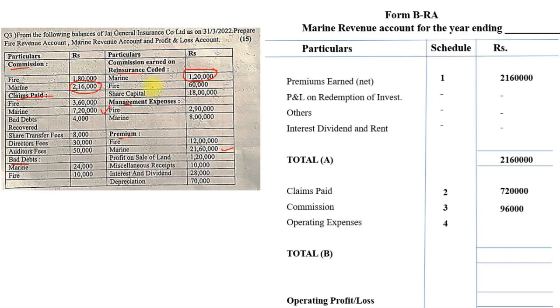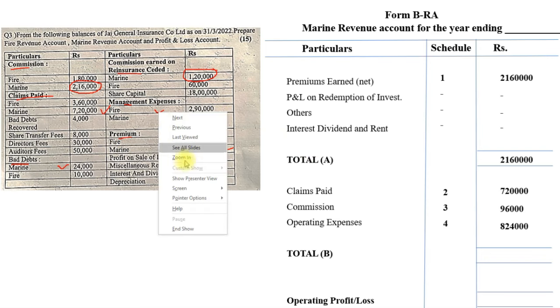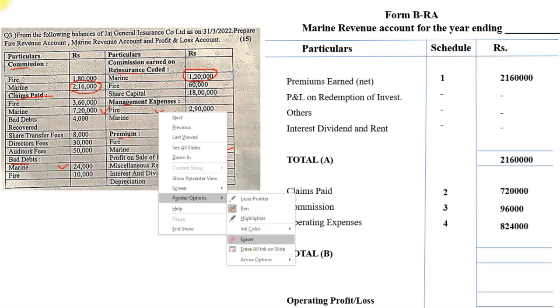Now for operating, only check those expenses which are marine related. So I can see your bad debts marine and management expense marine. Marine was 8 lakhs, not 2,90,000. It is 8 lakh. That is for fire. So I'll just erase this part.